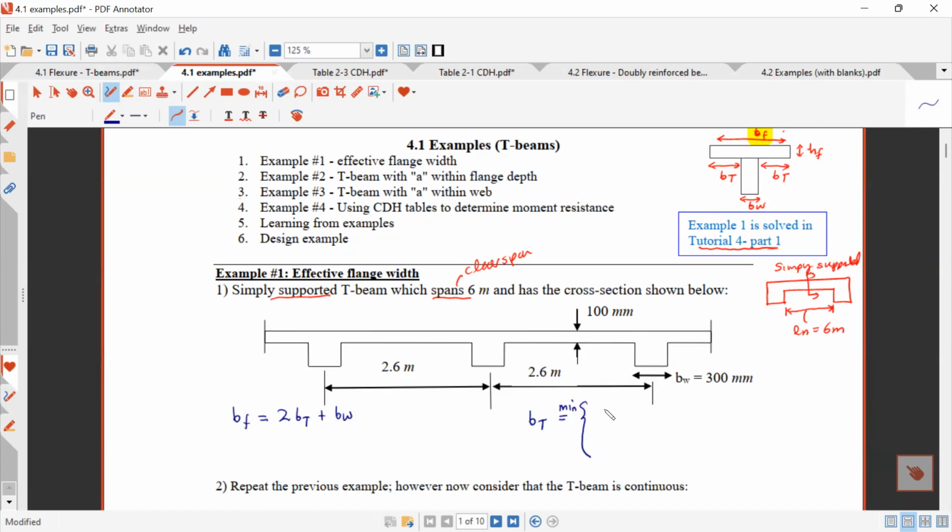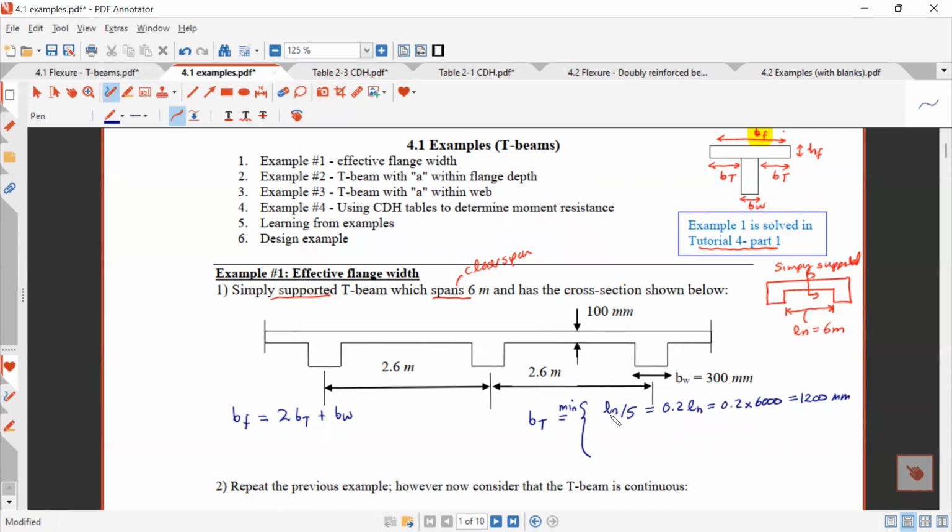The first one is just Ln over 5, or 0.2 Ln. So I have 0.2 times 6,000, which gives me 1,200 millimeters.